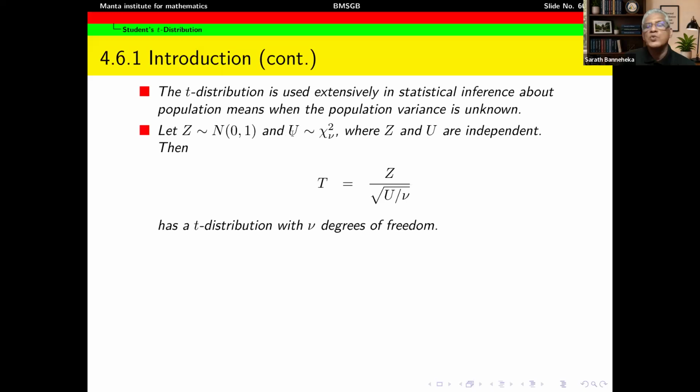And if Z and U are independent, then this ratio, let's call it T, capital T, Z divided by square root of U divided by its degrees of freedom, that quantity has some distribution, and that distribution is called the t distribution with nu degrees of freedom. That is the most common way of writing the t distribution as a ratio of a standard normal and a chi-square random variable where those two are independent.